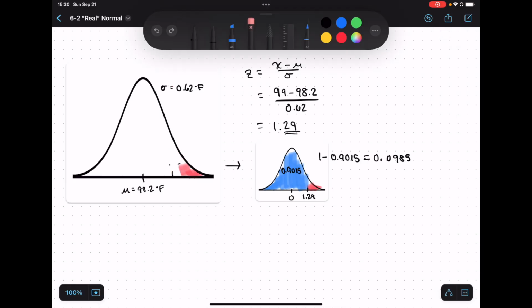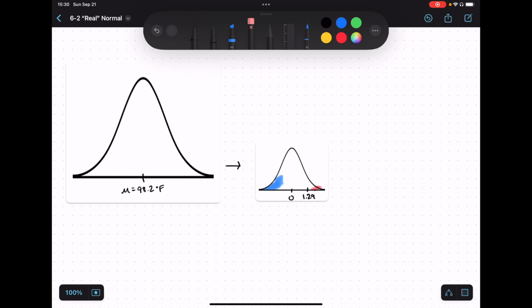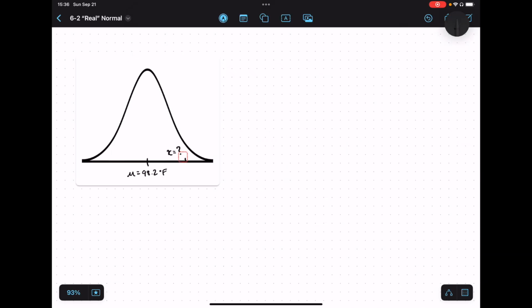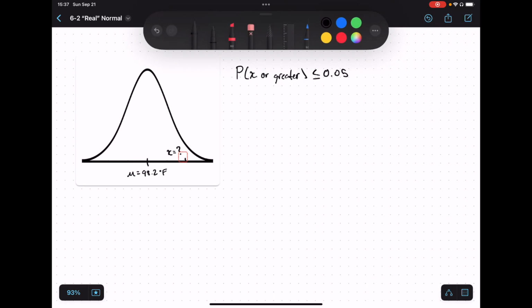Let's say I'd like to be able to use these probability distributions to identify a significantly high body temperature. When we talk about finding a significantly high value, we mean that the probability of x or greater should be less than or equal to 0.05. So the area to the right of that value is going to represent 5% of the values.